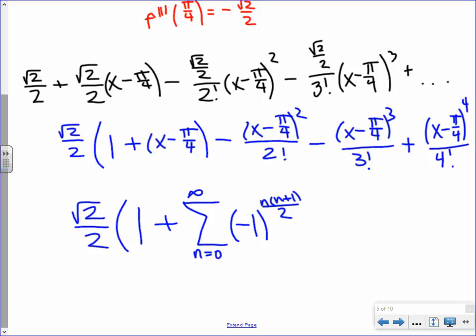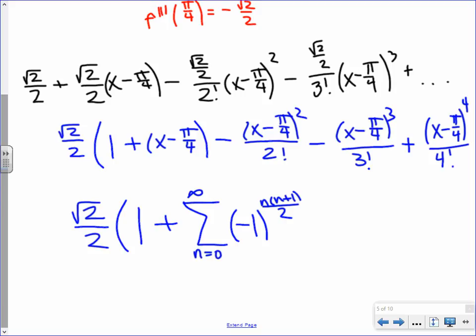Okay. So check it over. When you plug in 0, we get -1 to the 0, which is 1. When we plug in 1, we get -1 to the first power, which is negative. When we plug in 2, we get -1 cubed, which is negative.